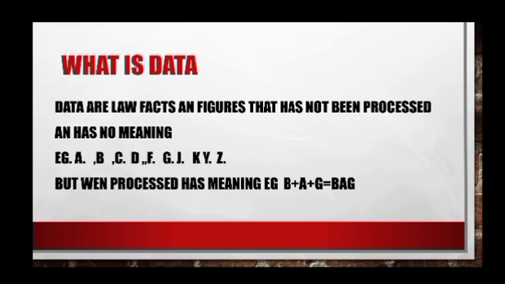For example, when you add B plus A plus G, it becomes a bag, meaning B, A, and G are just data, but when processed, they become information, that is bag. So data are the facts or figures that have not been processed. They are in raw form, but when processed, they produce information.